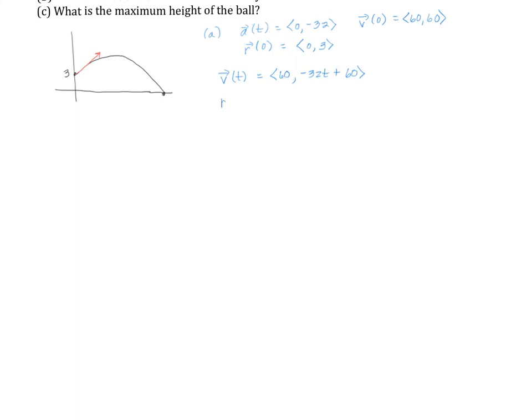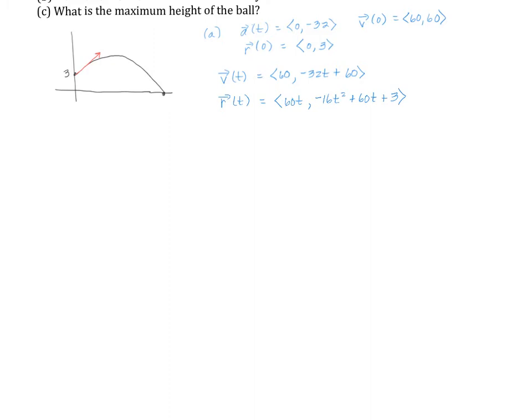And my position vector from the formula on the other side is going to be 60t, comma, negative 32t squared over 2, so it's going to be a negative 16t squared, plus 60t plus 3. And that was part A.